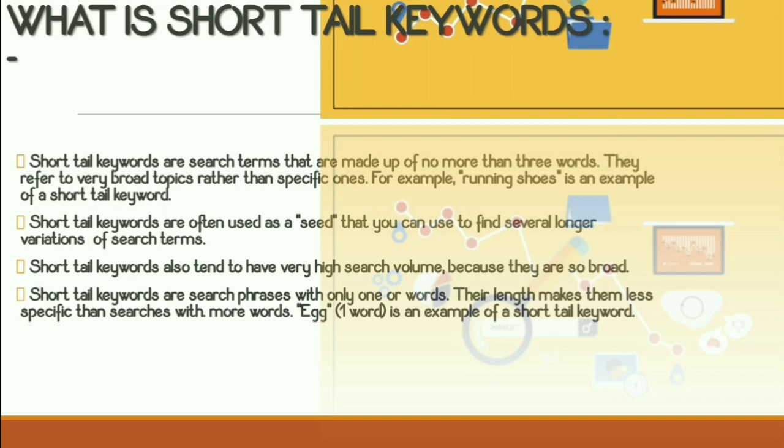So if you just put shoes, then definitely you will get varieties of shoes. But if you search for shoes which have a specific color, a specific pattern, then according to that segregation, the results will be lower. So short tail keywords are search phrases with only one or two words. Their length makes them less specific than searches with more words.